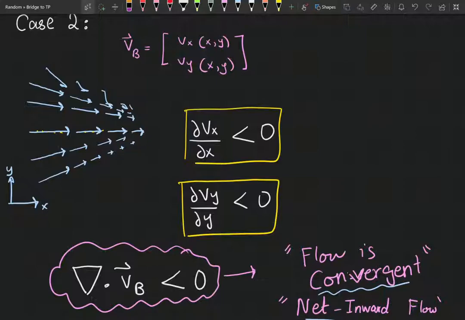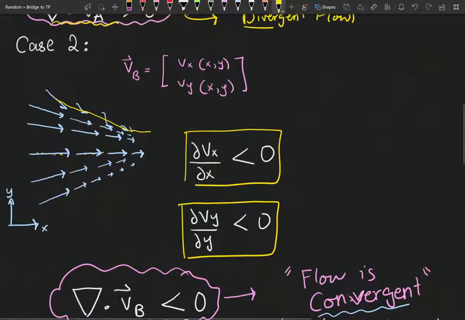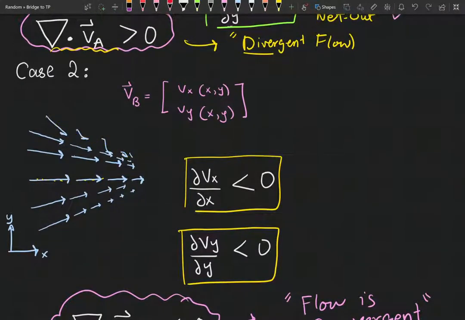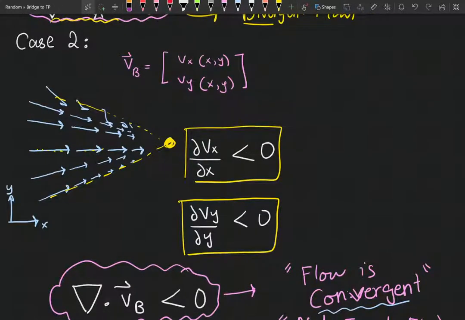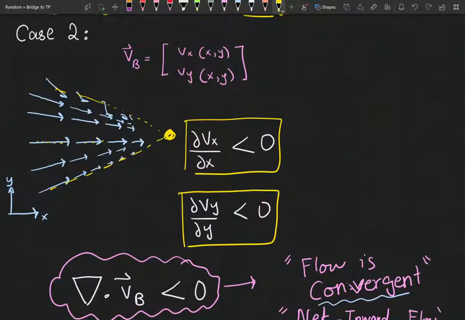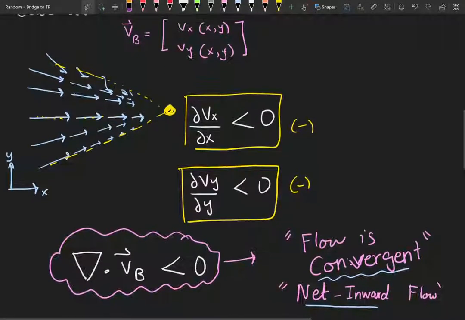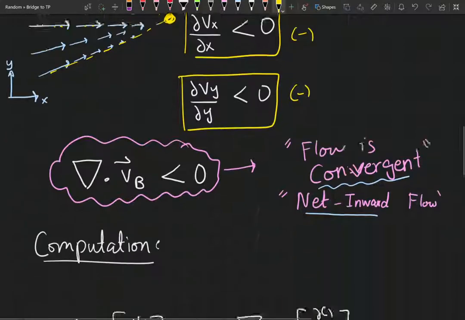The arrows got smaller and they started pointing towards a single point. If I were to trace their position, they're all trying to converge at a single point. That was the other extreme. Both my partial derivatives are negative, and in this case, you have net inwards rather than net outwards.